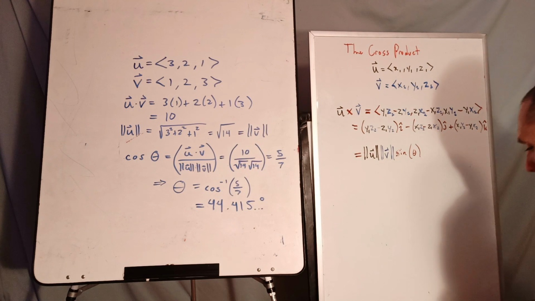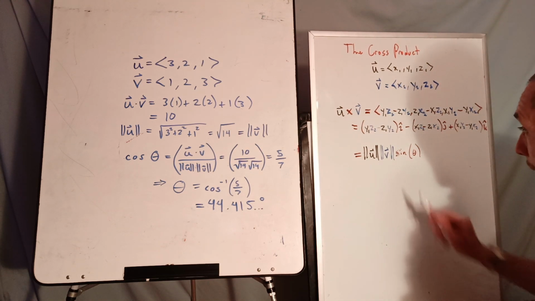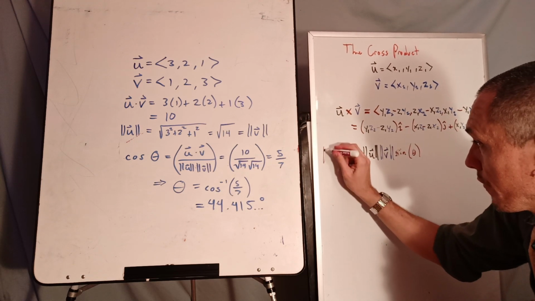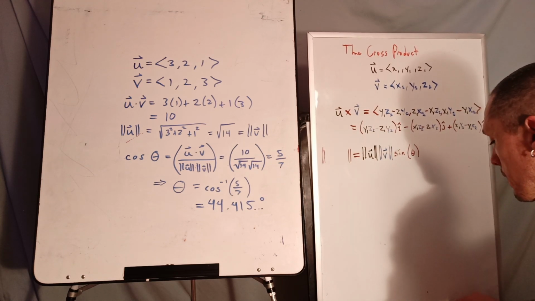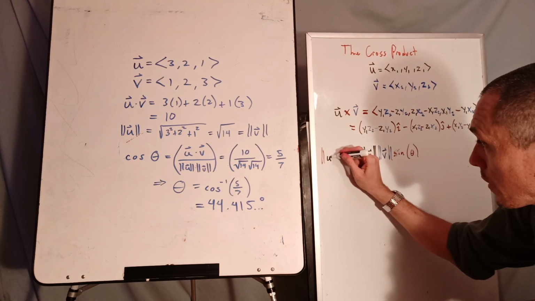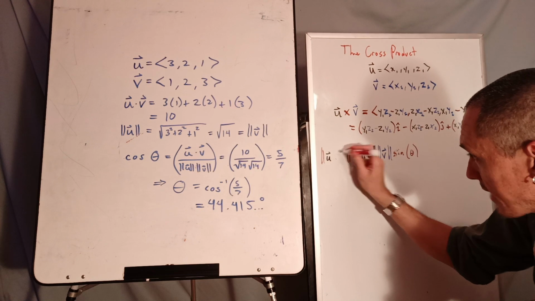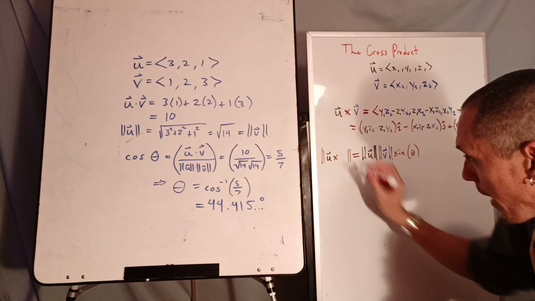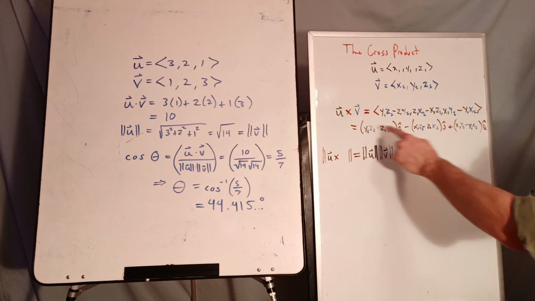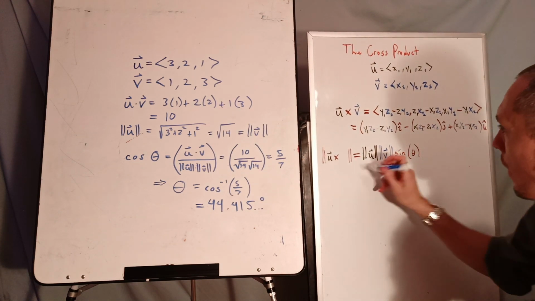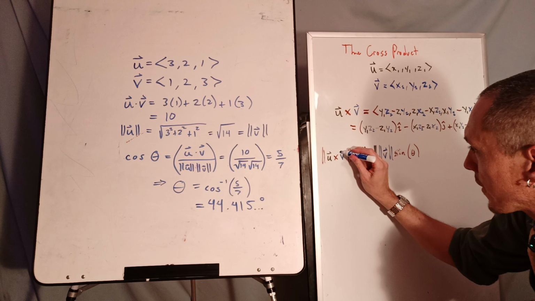Well, not exactly. This is in fact the magnitude only of u cross v. Right? Because that's just a number. And we know from this notation, but also because I said so, that these cross products give you a vector.